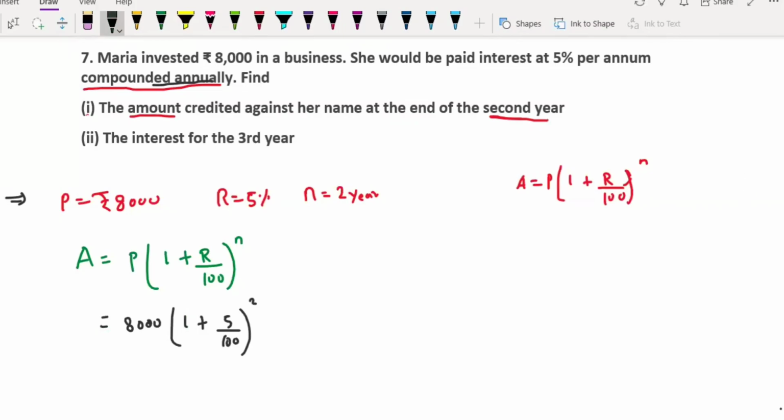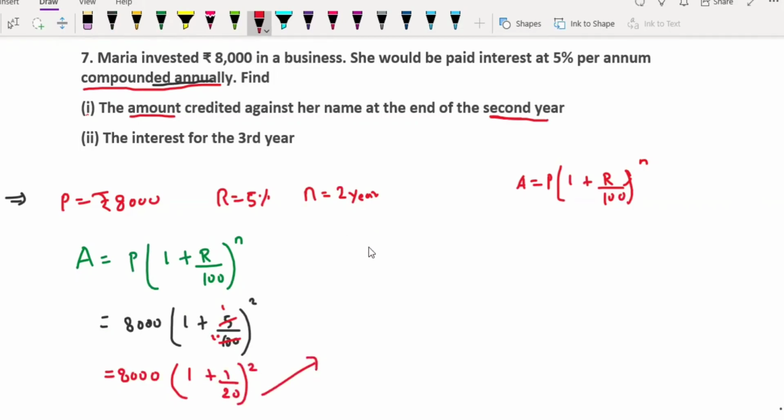Let us proceed further. So 8,000 of, if you want, we can do the cancellation. 5 ones are 5 and 5 twenties are 100, so it becomes 1 plus 1 by 20 whole square.